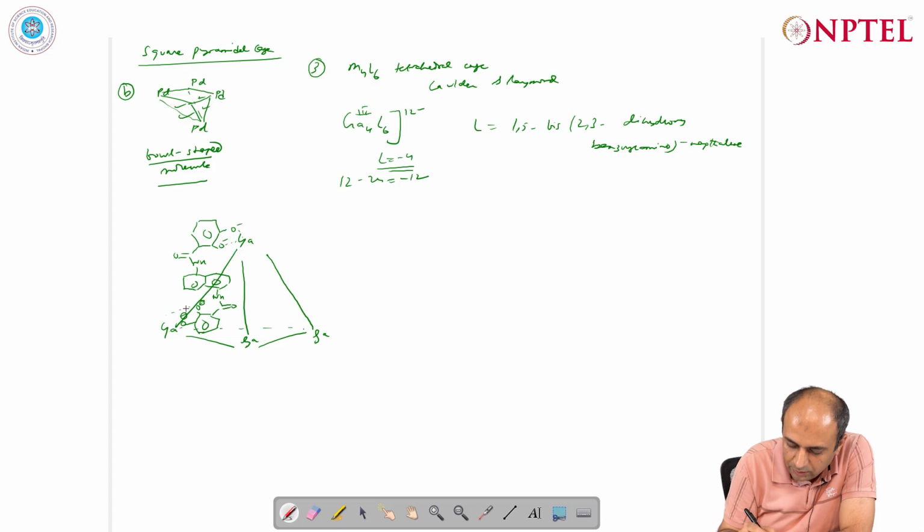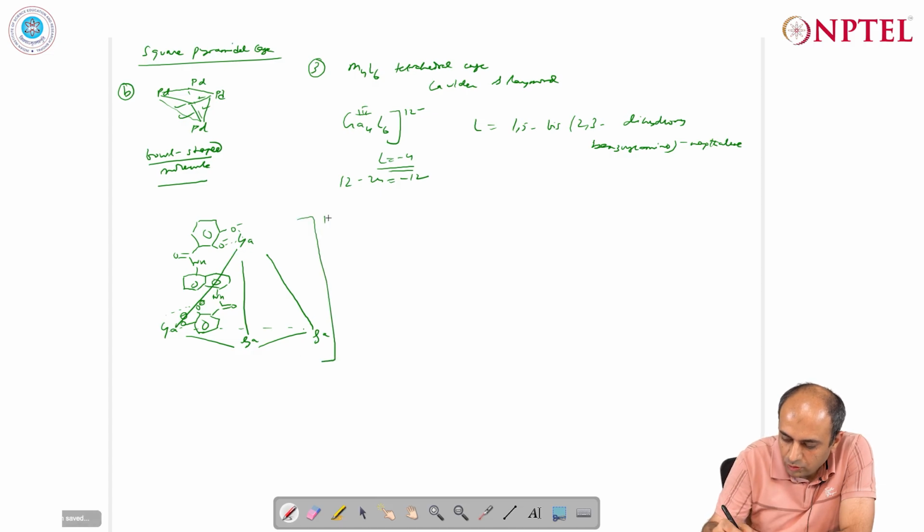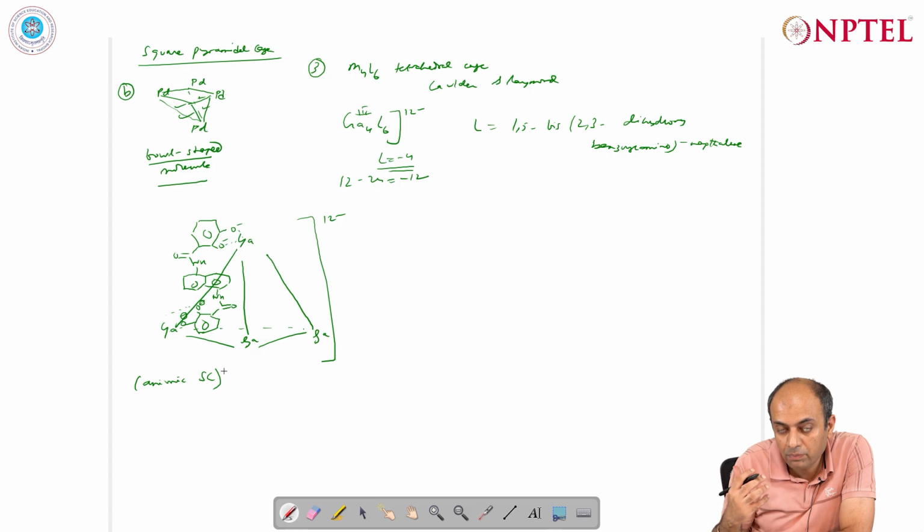So this can coordinate with my gallium here. So you can see that this is overall 12 minus charge. So this is an anionic supramolecular cage, and therefore you can have electrostatically positive species in substrates which can get electrostatically bound inside this particular cavity.